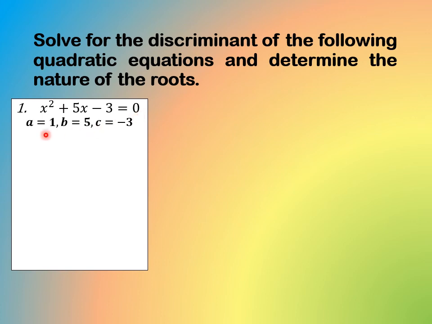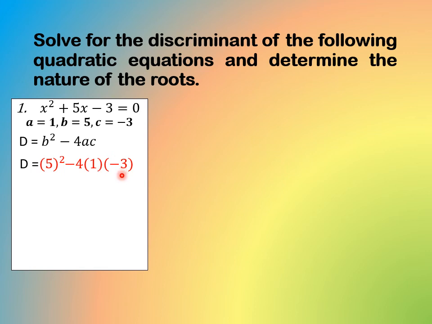So we have a is 1, b is 5, c is negative 3. Okay. So substitute to b squared minus 4ac. Okay, so ang b natin is 5. So we have here 5 squared minus 4 times ang a na 1 times ang c na negative 3.